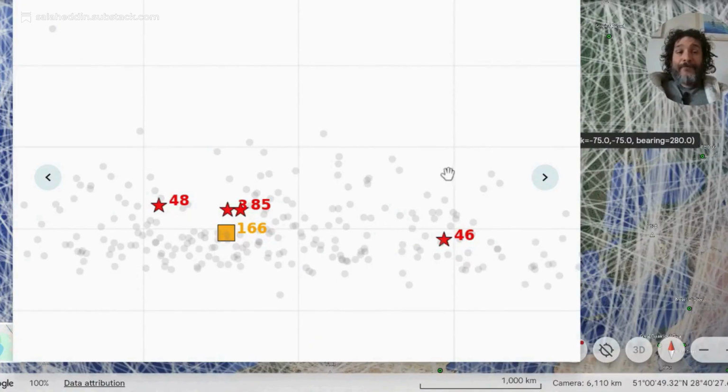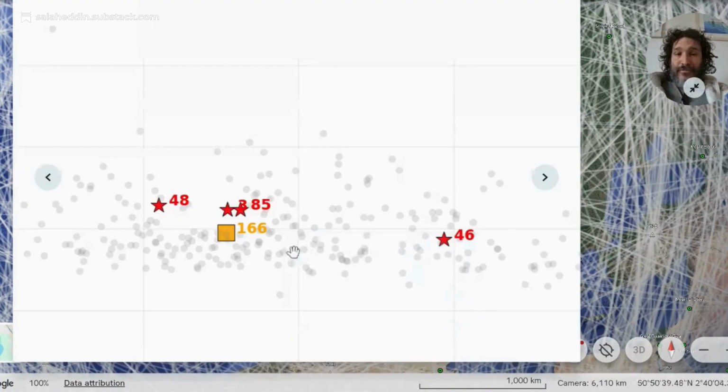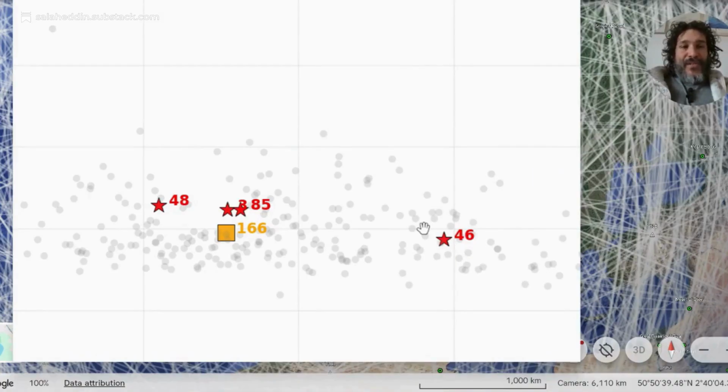They share structural similarities, but seed 46, our ultra-precision projection, sits way over here. So the confirmed seeds are not just copies of each other. They have something in common, but they're not identical.